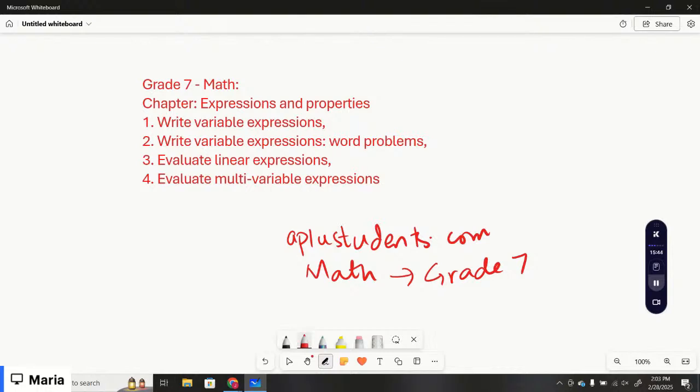We're going to start with the chapter expressions and properties. The lessons we're going to cover today are write variable expressions, word problems, evaluate linear expressions, and evaluate multivariable expressions.